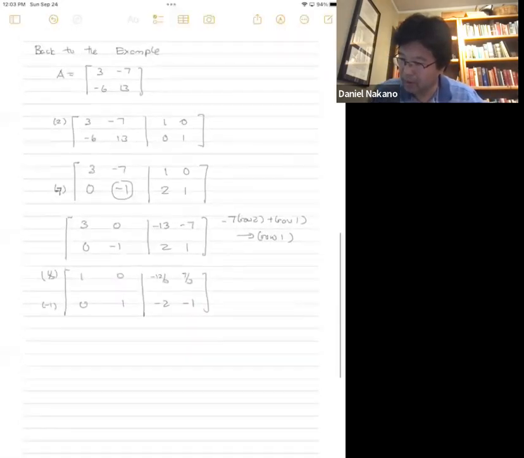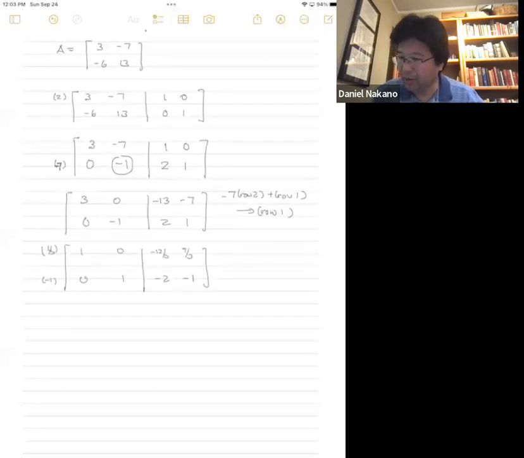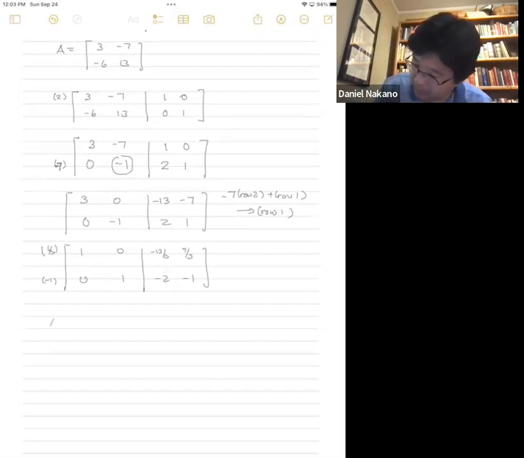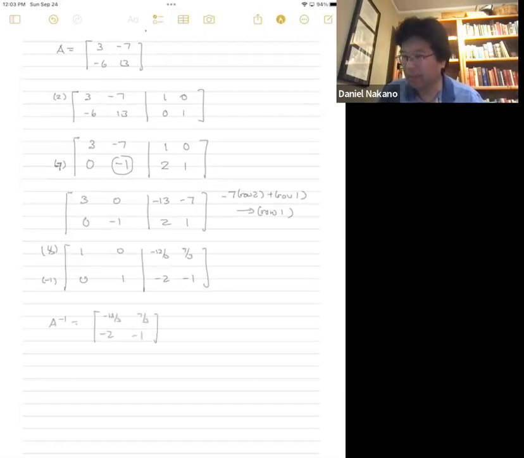Okay, and so now I have the identity matrix on the left-hand side, and the inverse is on the right-hand side. So A inverse is equal to -13 over 3, 7 over 3, -2, -1.